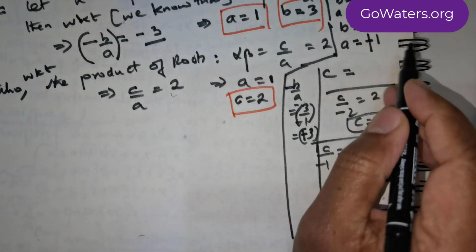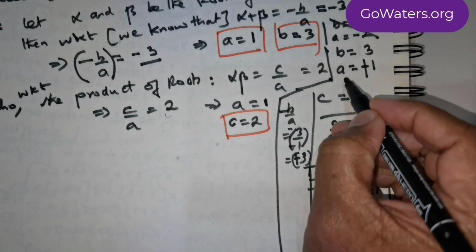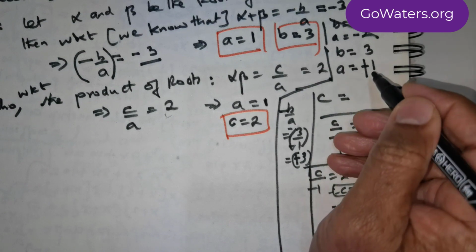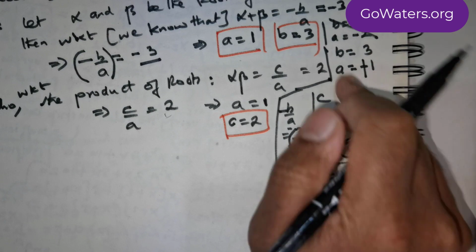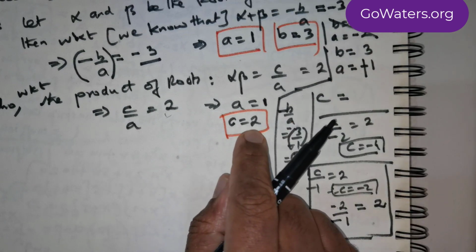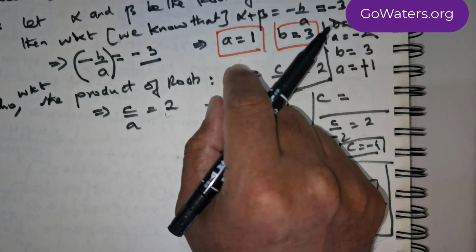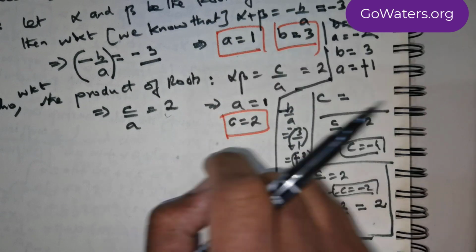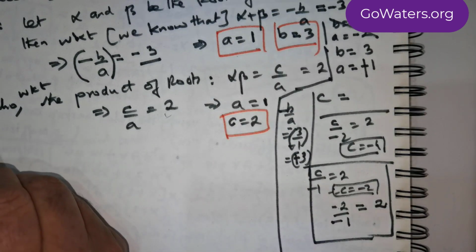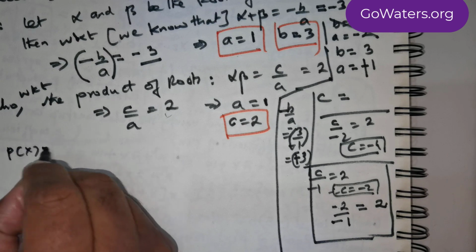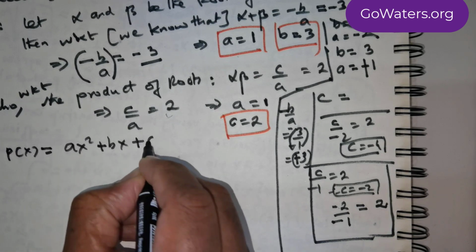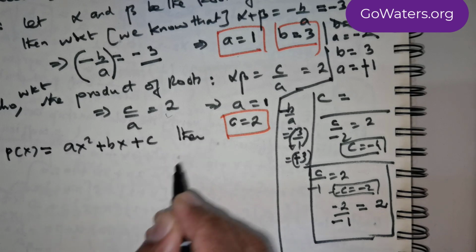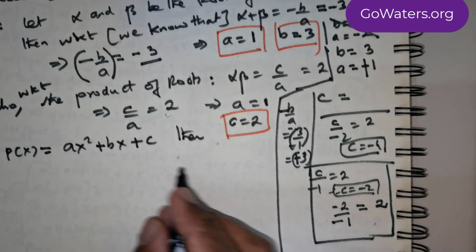So just to give you a recap, a is equal to negative 1 will not work. a is equal to positive 1 alone will work. Right? So when a is equal to positive 1, c will definitely be equal to 2. So we have thus obtained the values for a, b and c. Now if I were to take the polynomial P of x to be ax squared plus bx plus c, then all I need to do is to substitute the values.